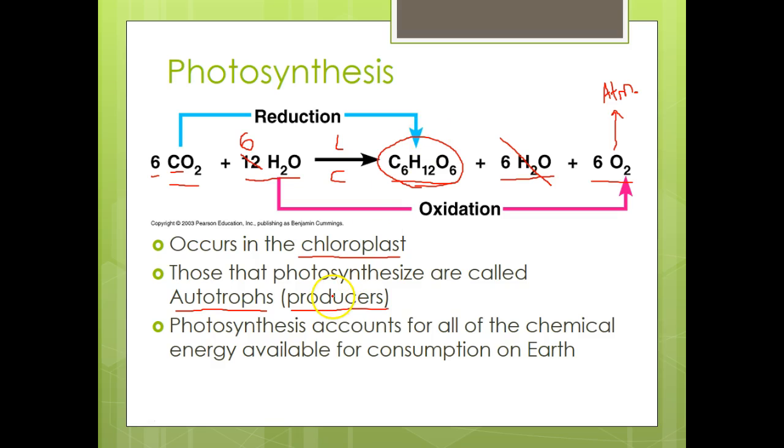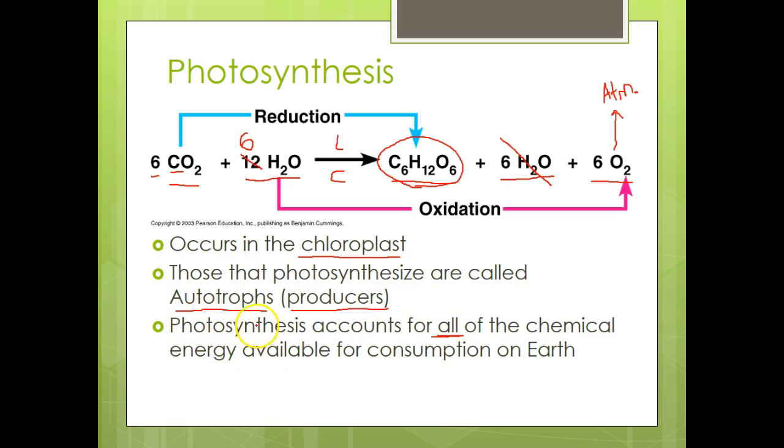Okay, photosynthesis accounts for all of the chemical energy available for consumption on Earth, and I do mean all. So where is the ultimate energy source for Earth? The sun. The sun is going to send photons, which is a form of energy, to the Earth. That energy will be captured by the chloroplasts, specifically the chlorophyll.